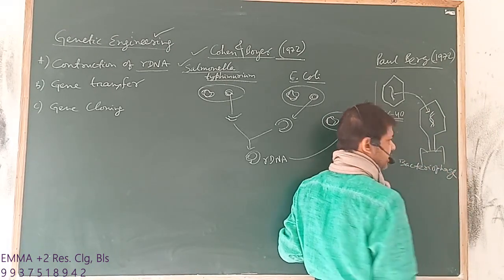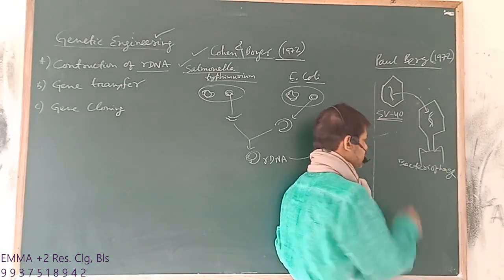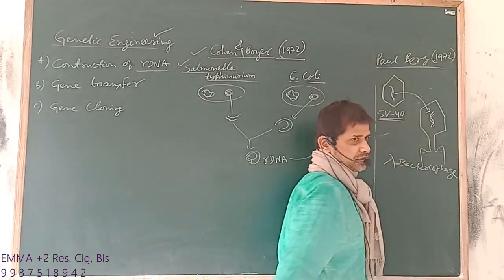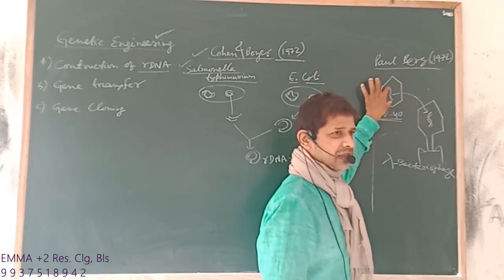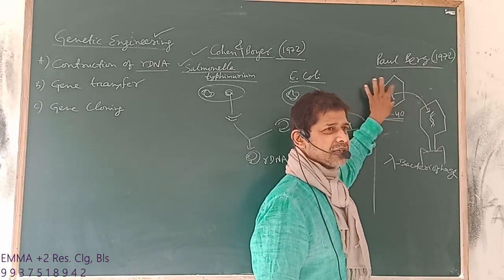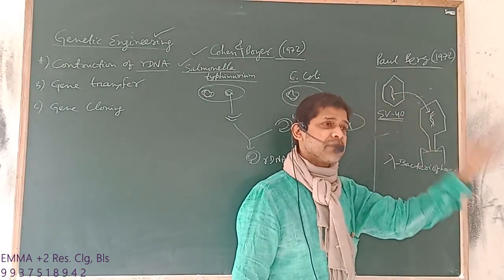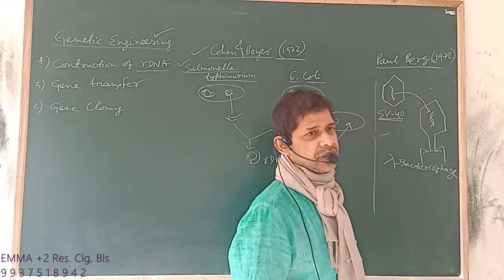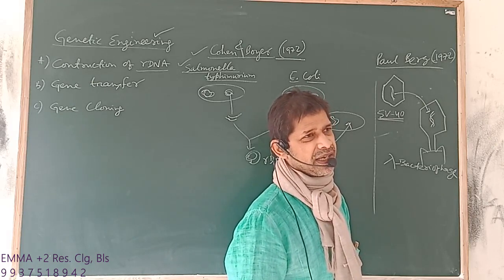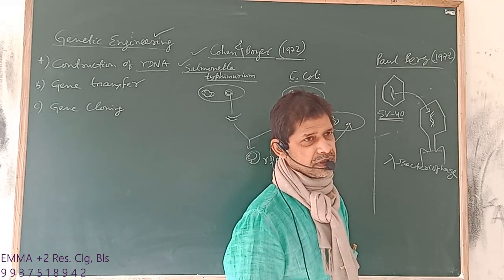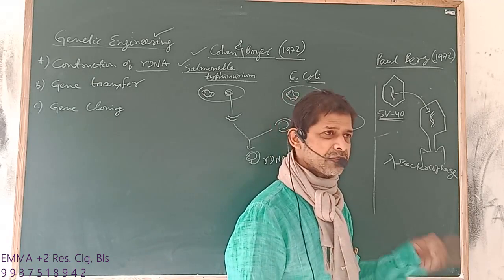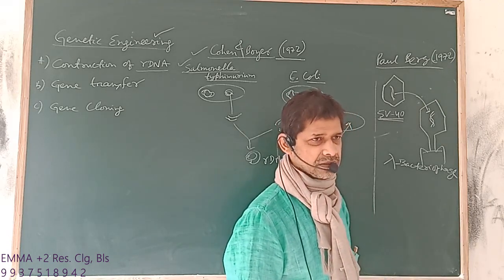A bacteriophage can attack a bacterial cell. This is a lambda bacteriophage. SV40 cannot attack bacteria because it can attack only mammals. In first year, you know, viruses are very specific for their host. A human virus cannot attack a plant cell.